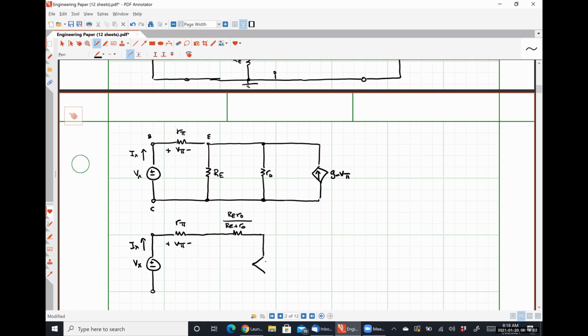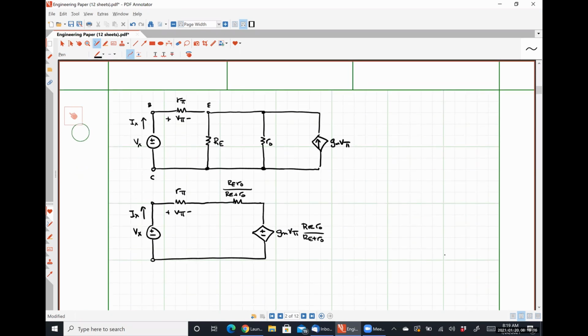And source transformation lets me put a voltage source in series with that resistance. So this is going to be GM V pi times RE R naught over RE plus R naught. Everybody okay with my application of a source transformation operation?